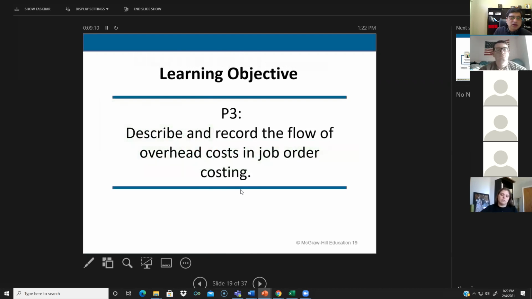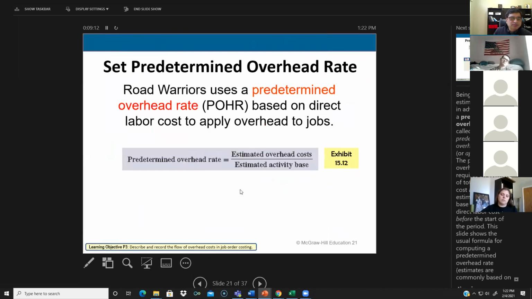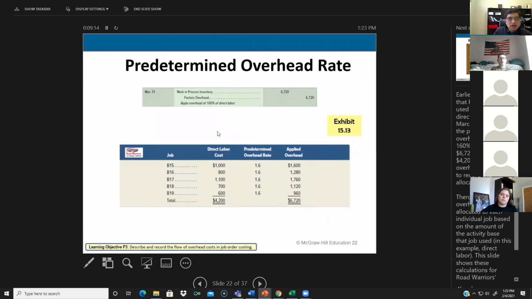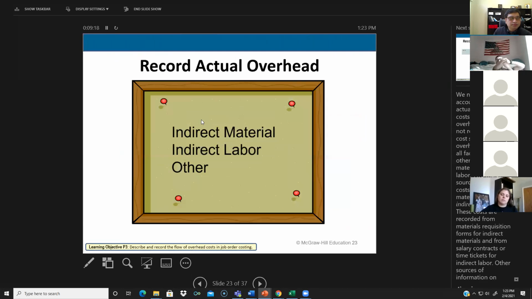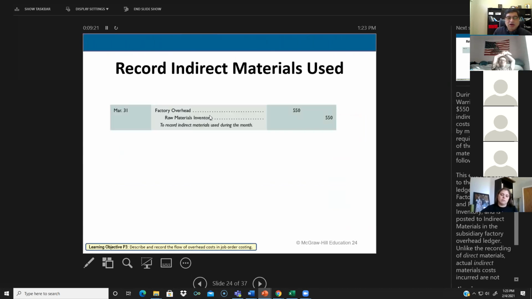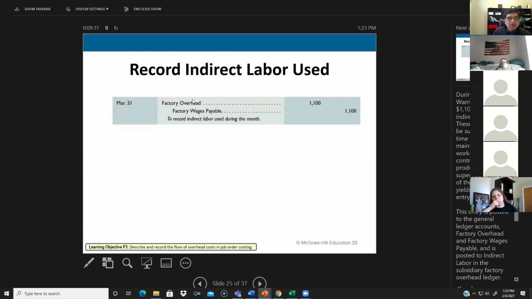Now we'll deal with the indirect material. Indirect material, factory overhead debited, raw material inventory credited. Same thing with the indirect labor, factory overhead debited, and factory wages payable credited.